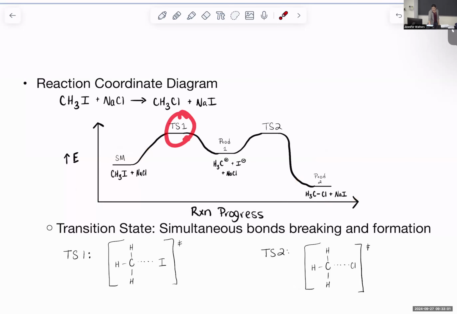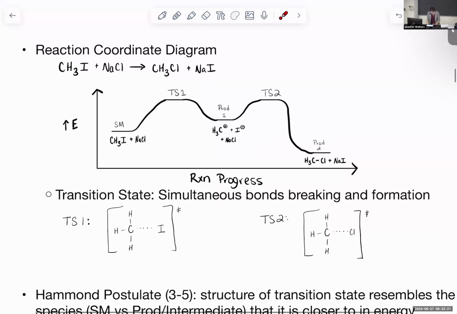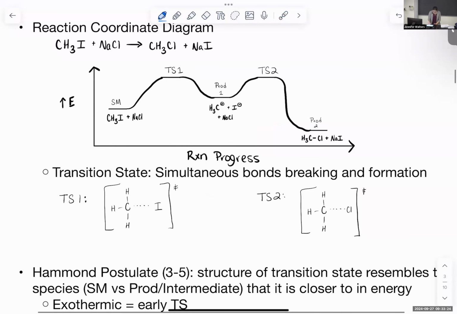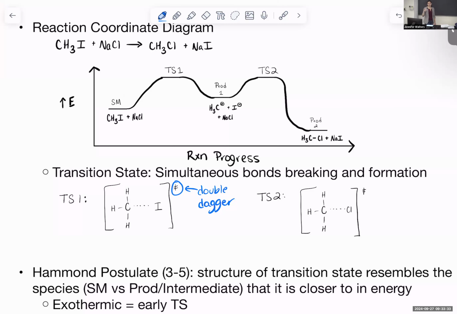There is one transition state for every step. So every time you get to your intermediates, you had to have a transition state. Going from your intermediate to your product, you get another transition state. Your transition states are drawn where you get the partial bond making, partial bond breaking. So you get the dotted lines showing that bond breaking, bond making. You also must have that double dagger to illustrate that it is that transition state.